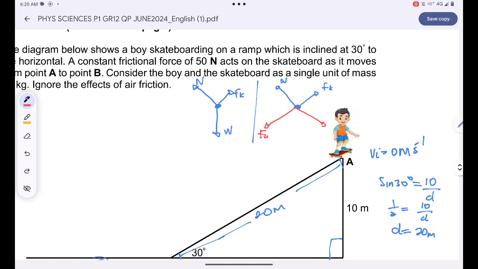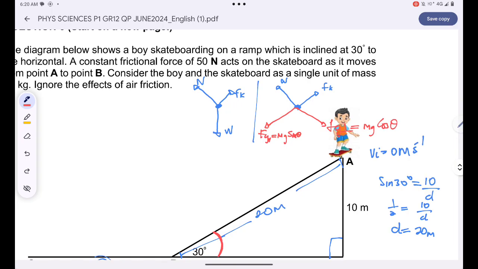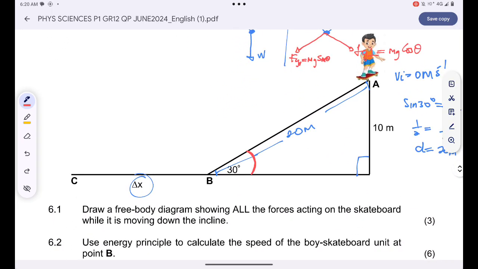Fg parallel, guys, is always equal to mg sine theta, and Fg perpendicular is always equal to mg cos theta. The theta is just the inclination between the horizontal and the inclined surface. Now we've drawn the free body diagram.